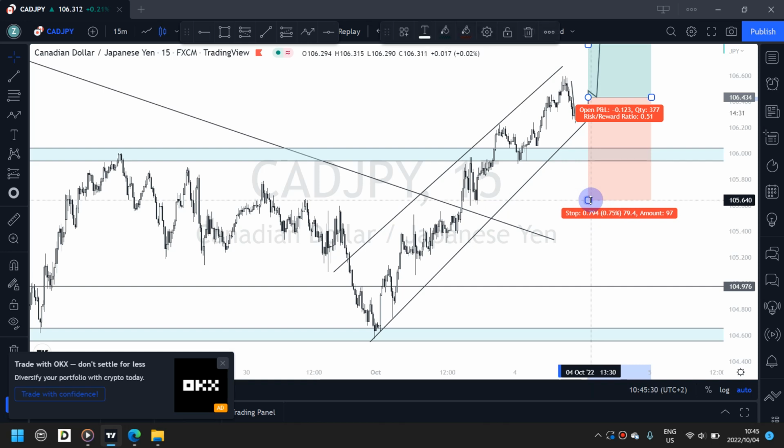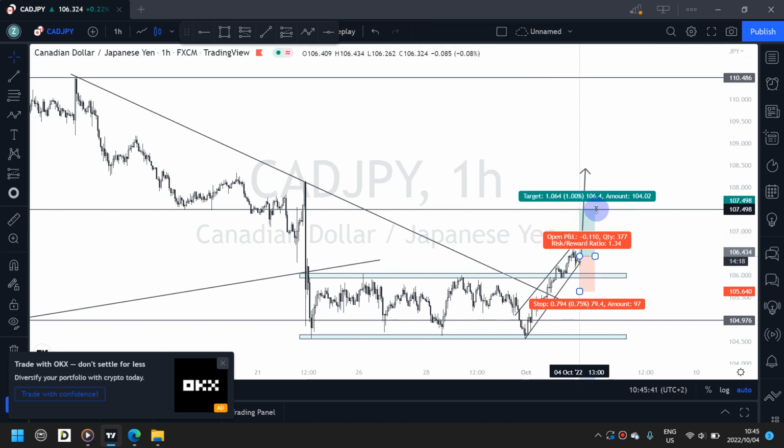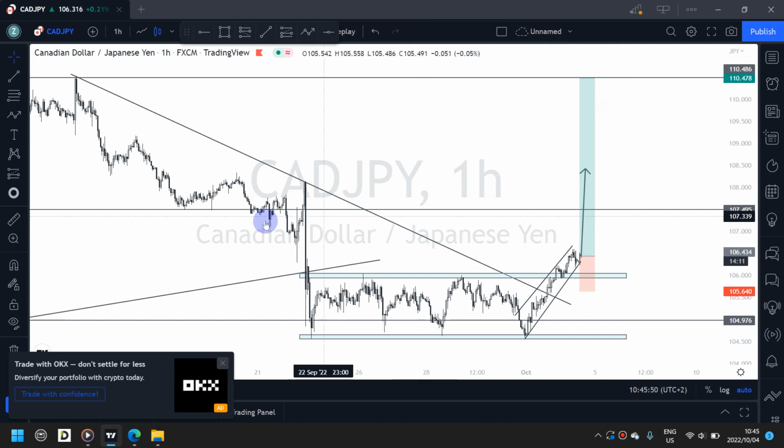Probably there at 105.640. Then my take profit would be, let's see if the key level allows. No, it does not. So my take profit would be at the top right there, since we had a breakout and a retest of our hourly time frame trend.